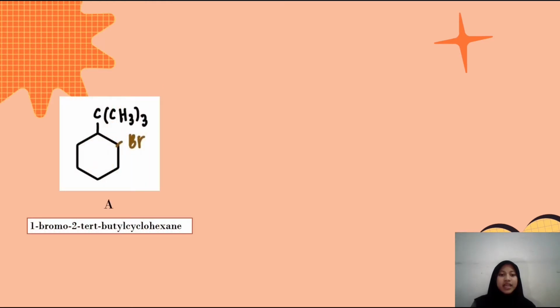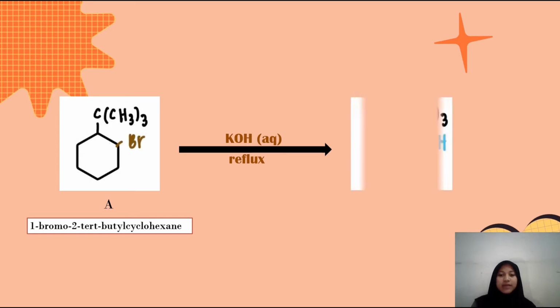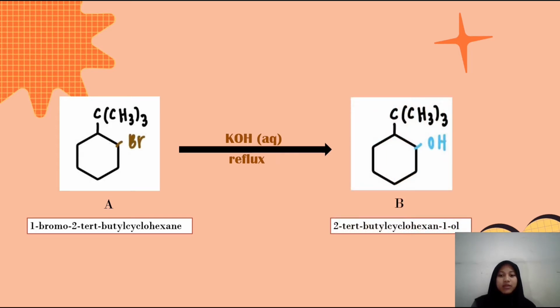Next, structure A, 1-bromo-2-butyl cyclohexane, reacts with potassium hydroxide in aqueous solution and reflux, producing structure B, which is named 2-butyl cyclohexan-1-ol.